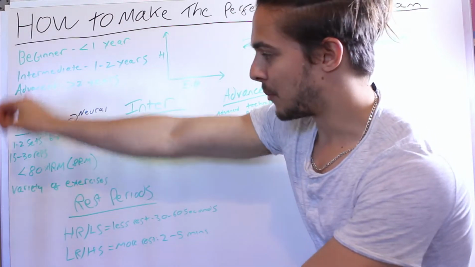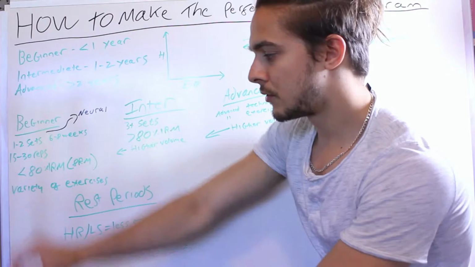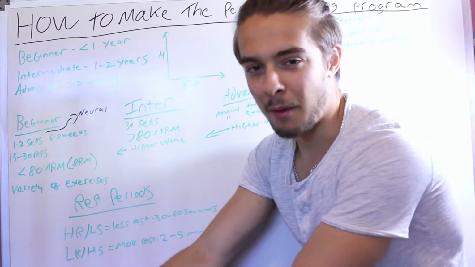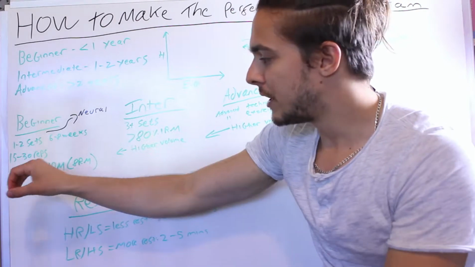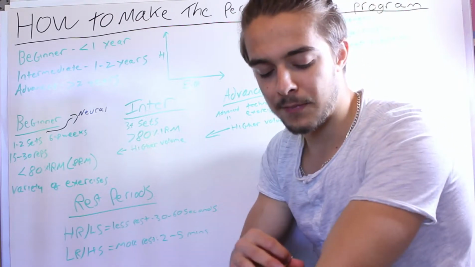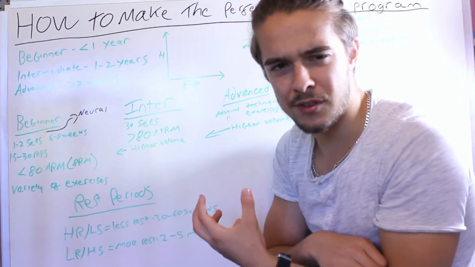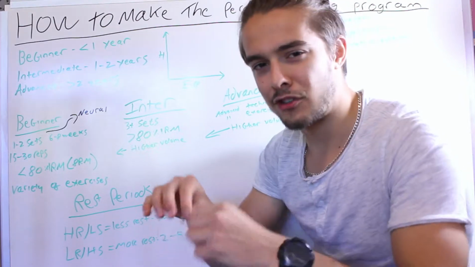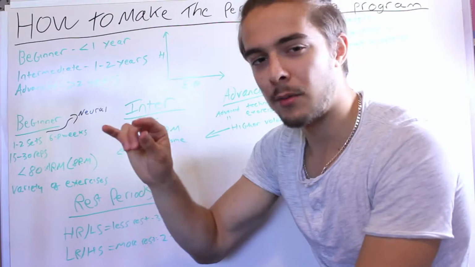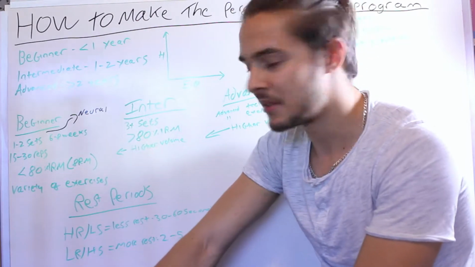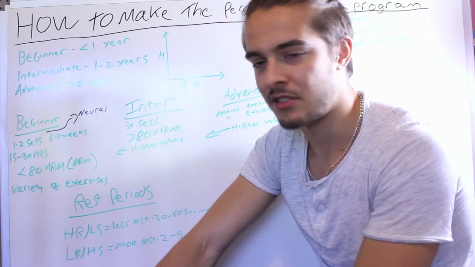So if you're a beginner, don't go below 8 repetitions, because you need to focus on the readiness of your ligaments, tendons, your connective tissues in your body. They need to strengthen before your body is able to cope with above 80% of your 1 rep max, 8 repetitions.